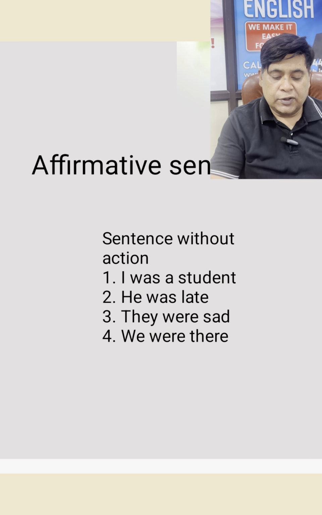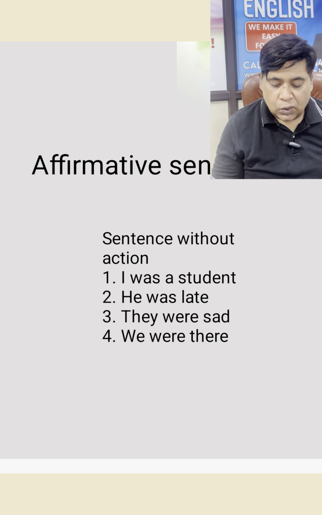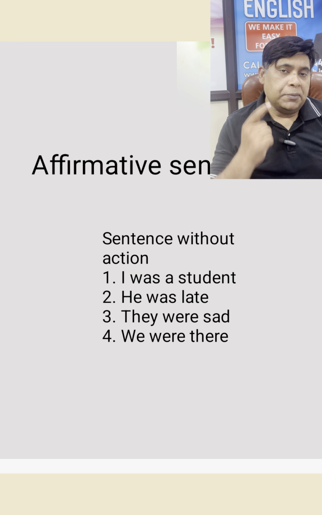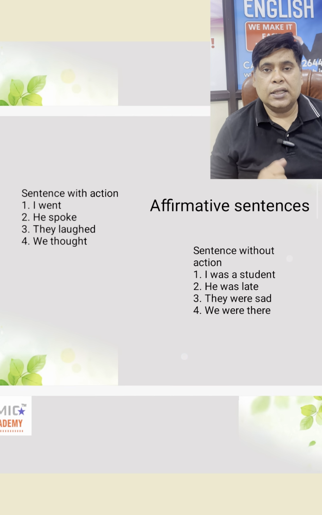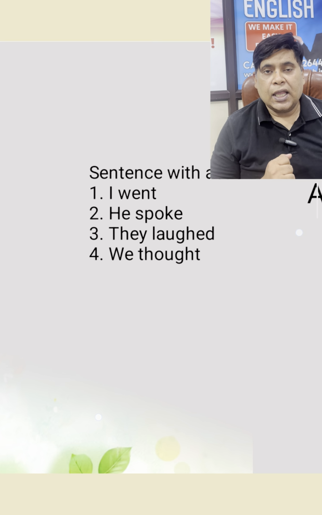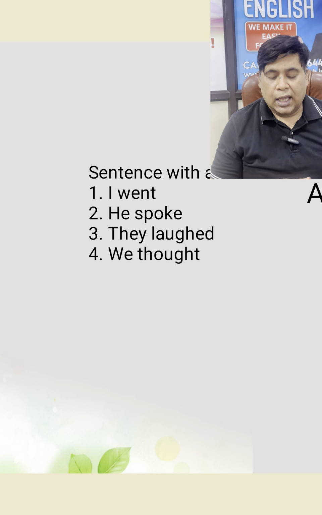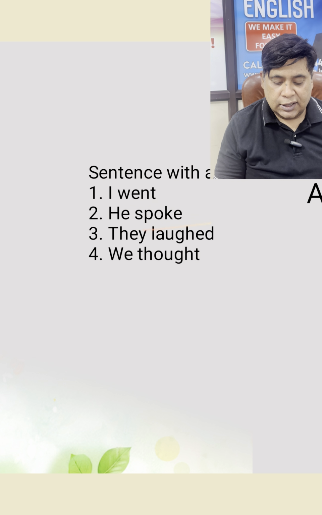For that, we use was or were in the sentences. If the subject is singular, if the doer is alone, then we use was, and if it is plural, then we use were. This is how we make sentences without action. That is normally an affirmative sentence, which is positive.